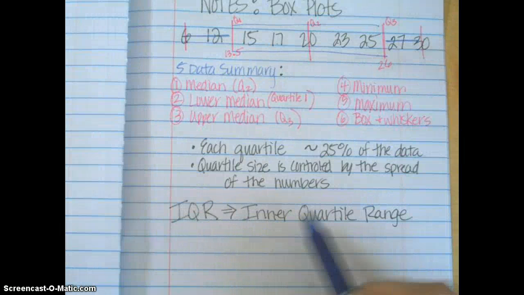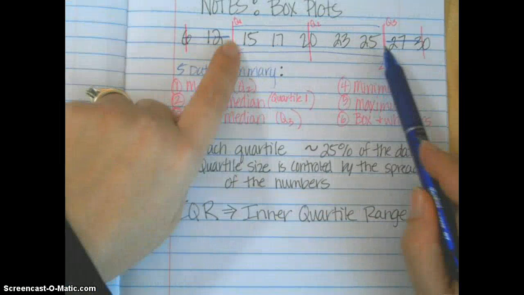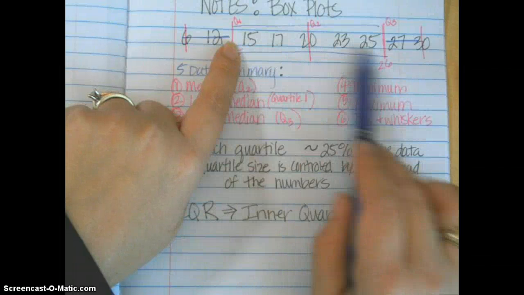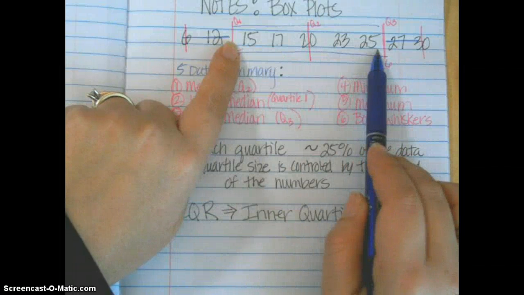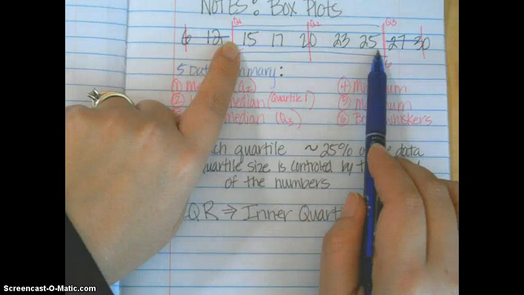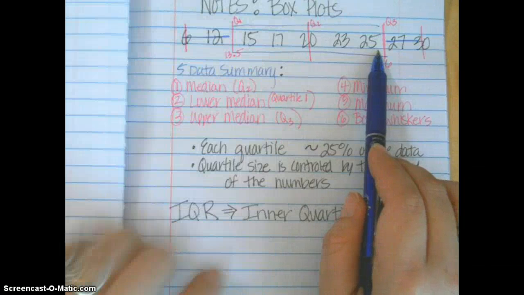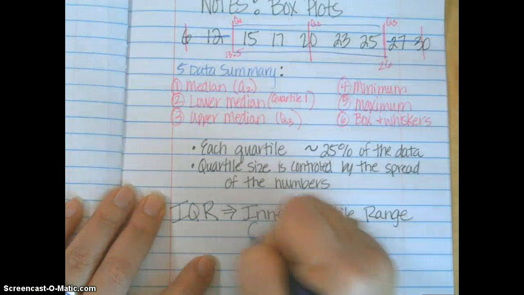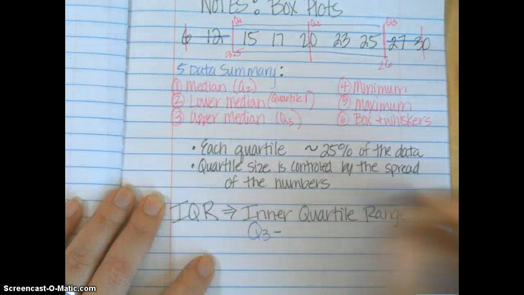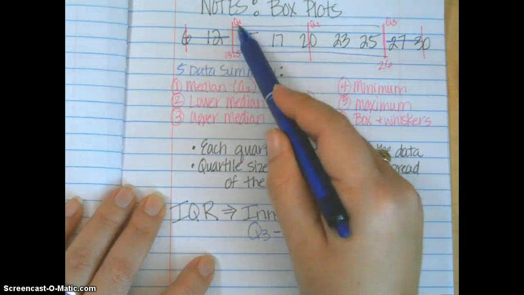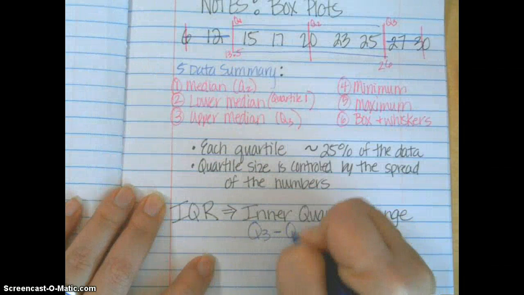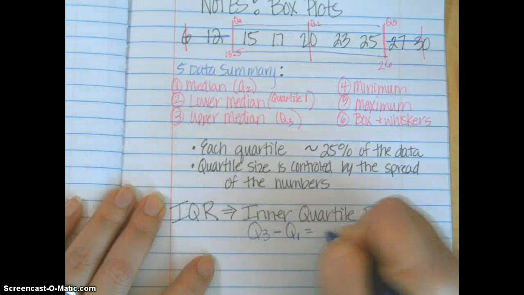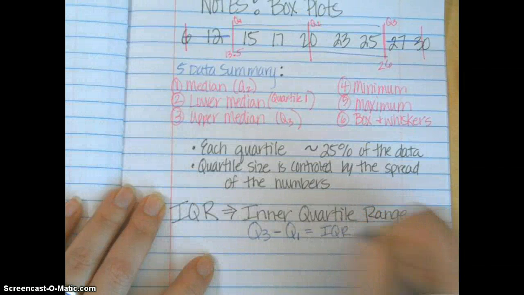The inner quartiles is this middle section. And range is a word that you should know too. It's taking the smallest from the largest. So the interquartile range is taking quartile 3 and subtracting quartile 1. You're just subtracting the pieces of the box.